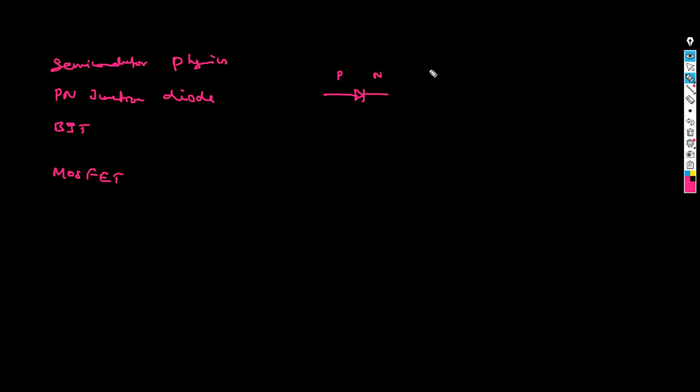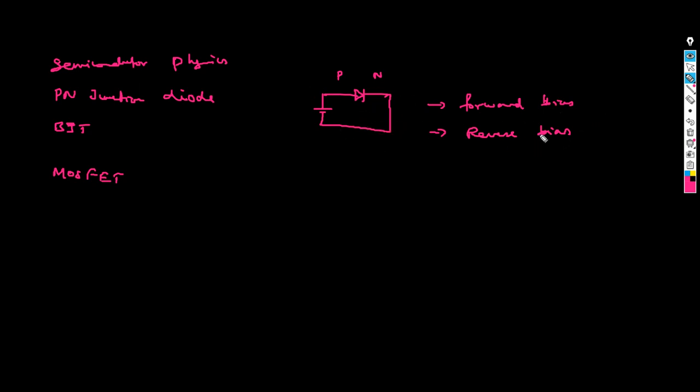There are two operating modes: one is forward bias, and the other one is reverse bias.